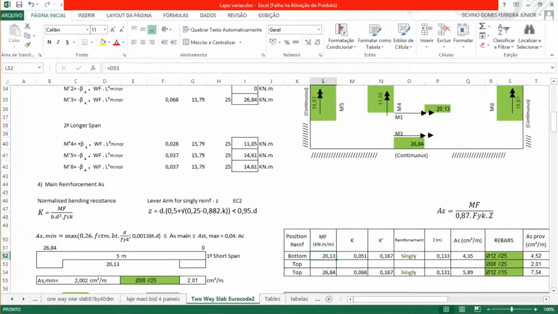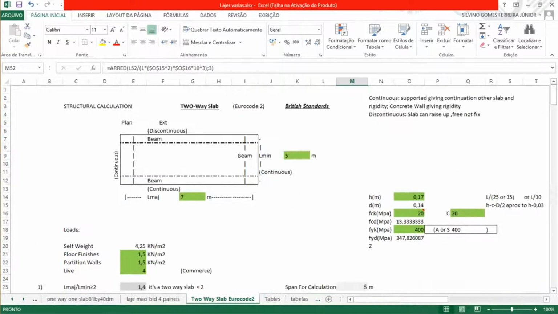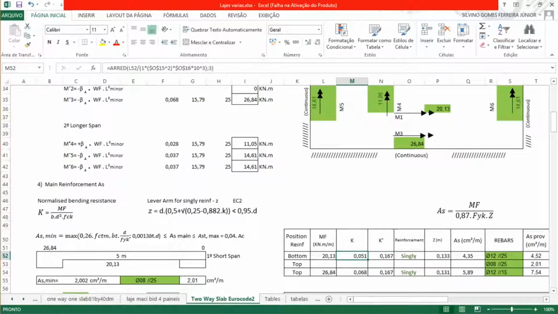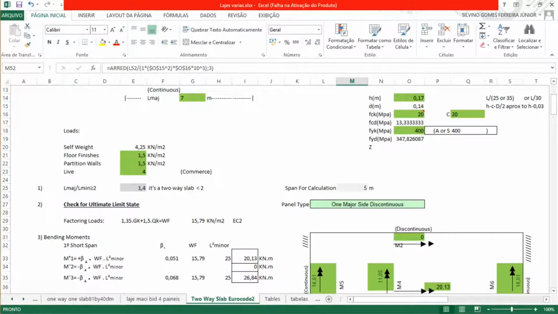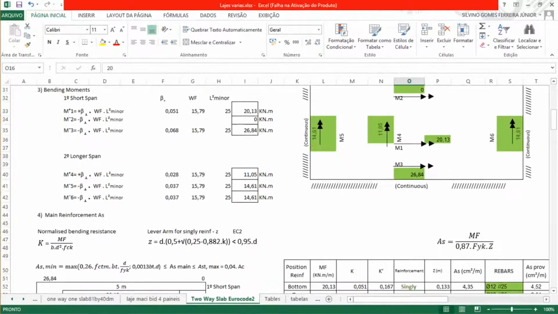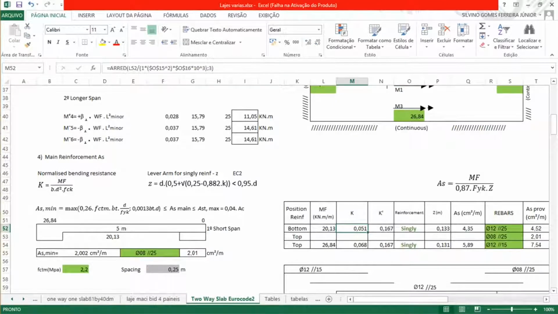This is the factored moment divided by b, that is 1 meter, multiplied by d, that is 0.14, squared, multiplied by fck, that is 20. It gives us, of course, this in the same units that we convert. So this is why I put it here, 10 elevated to 3.